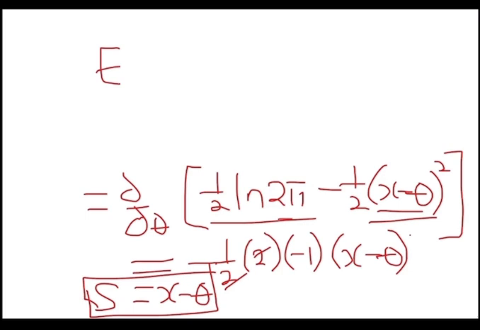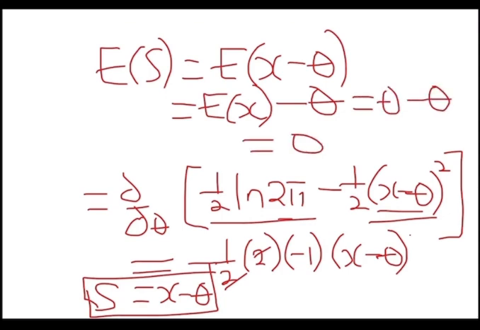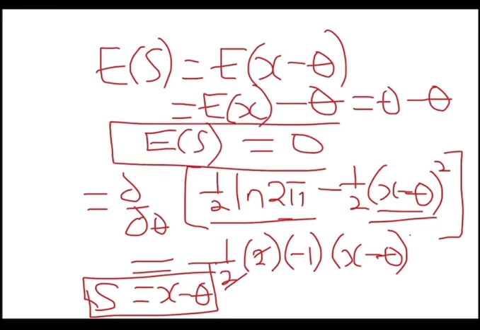Expected value of x minus theta is expectation of x, minus expectation of theta, which is theta, and expectation of x equals theta. Theta minus theta will be 0, which confirms that the expectation of a score function is going to be equal to 0.